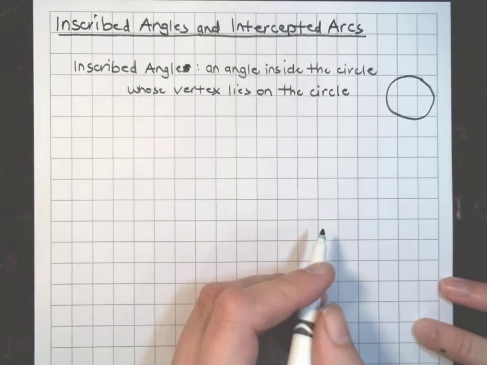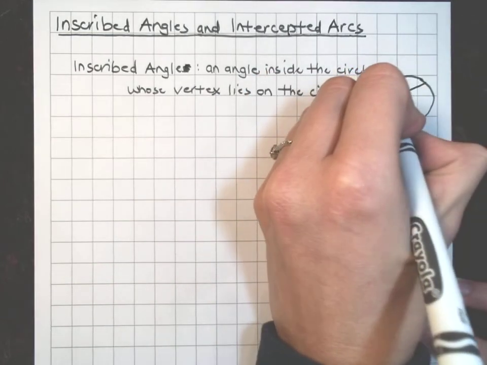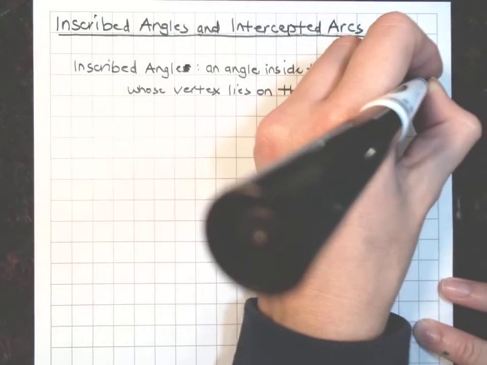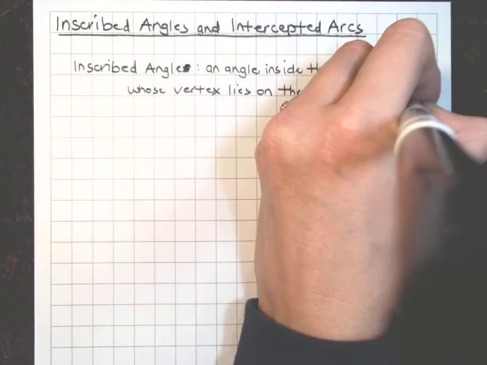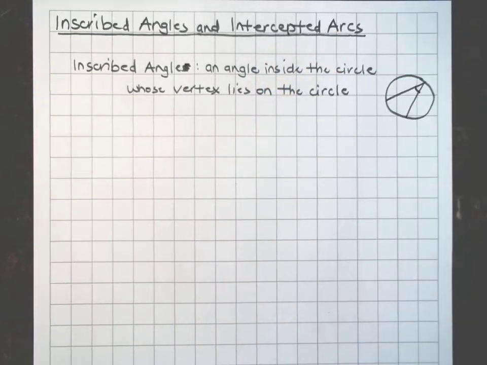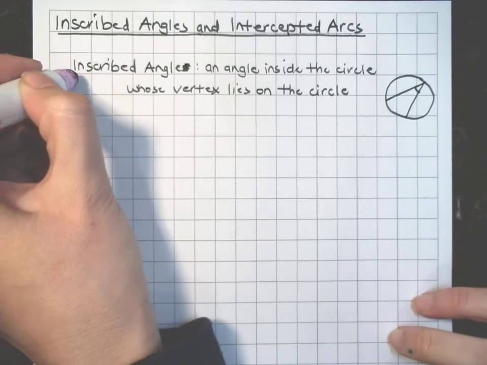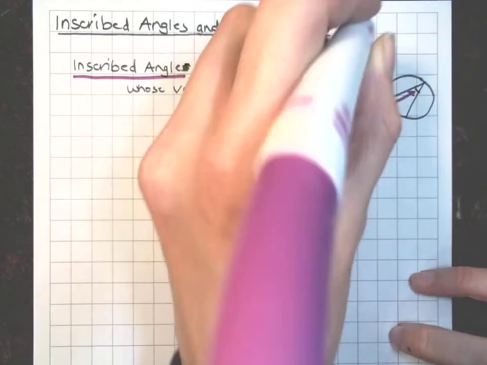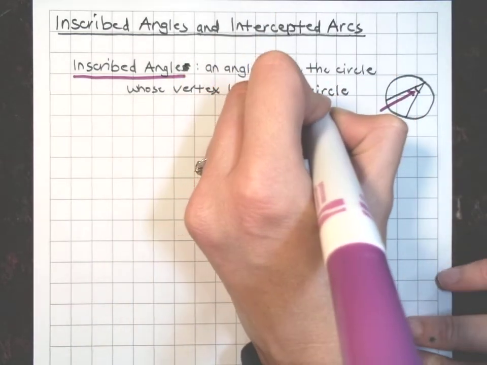So here's our circle. So this angle right here, that would be your inscribed angle.